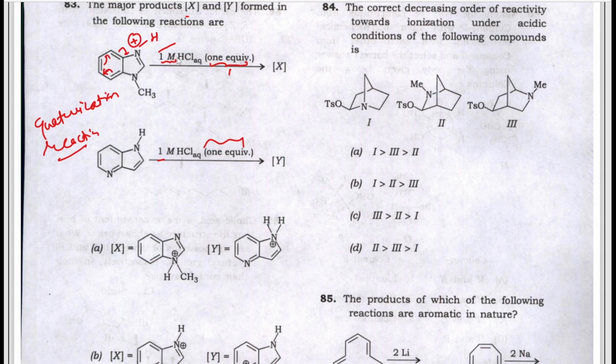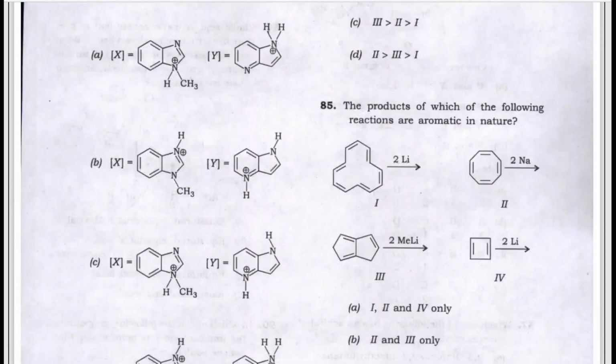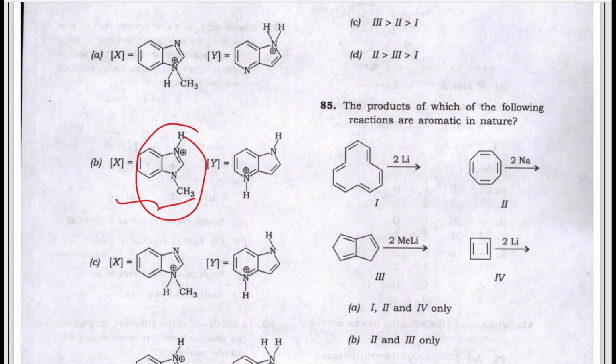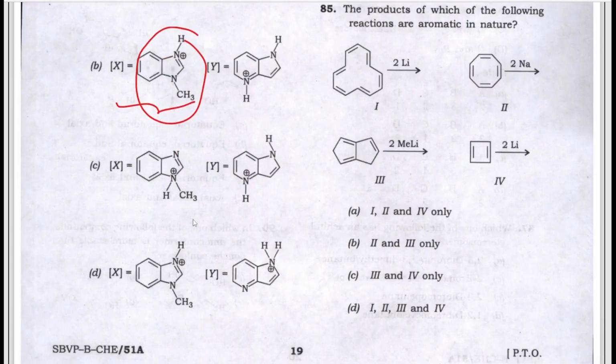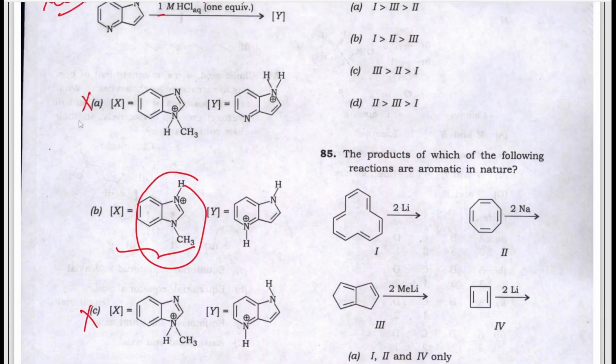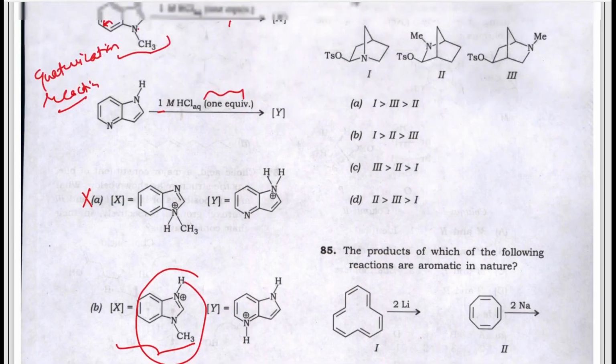So ultimately, quaternization will occur on this nitrogen atom in the case of N-methyl benzimidazole. So the exact answer of this will be this, and this option is also available in the fourth case, D part. Okay, so C and A option is incorrect here. The correct answers may be B or C. Now we have to check this reaction.